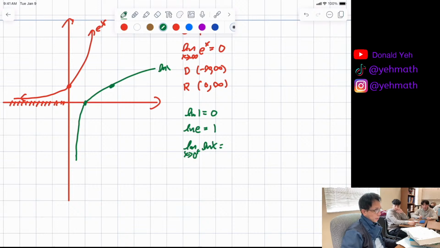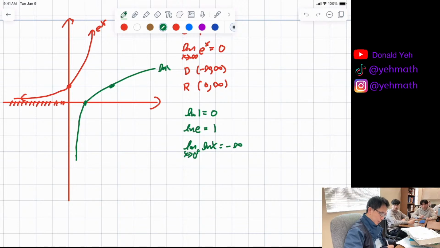Oh, 0 from the positive side. Negative infinity is correct. Look at this graph. It goes into negative infinity because you're going to 0 from the positive side.